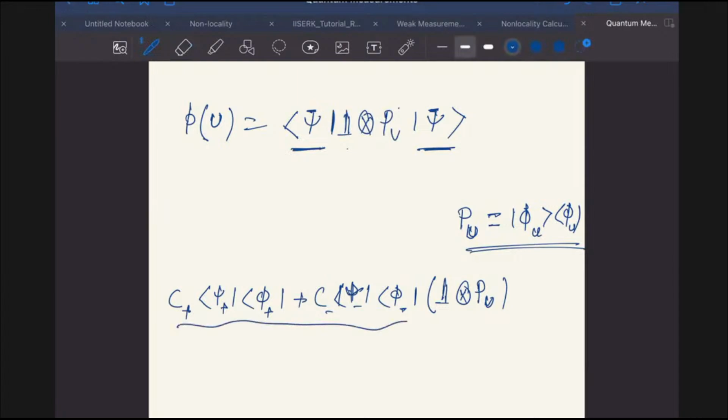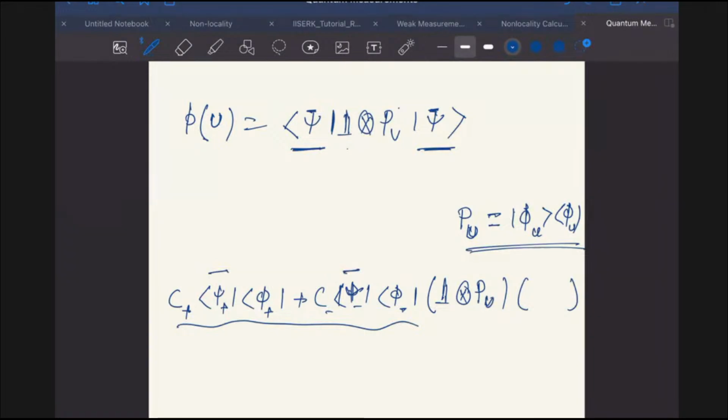And the same term, you complement it and write it here. So what term will survive here? Anyway, this psi plus and psi minus are orthogonal, so the cross term will not survive.